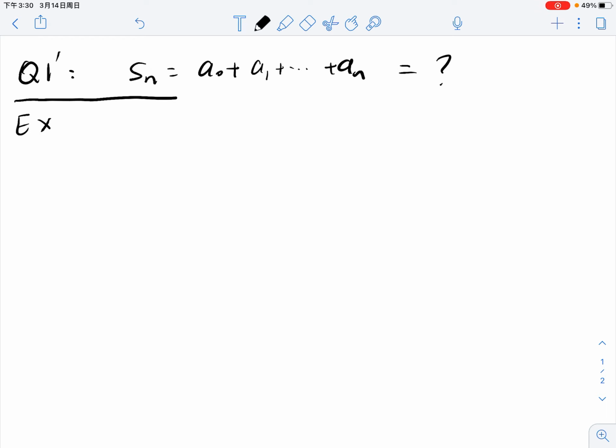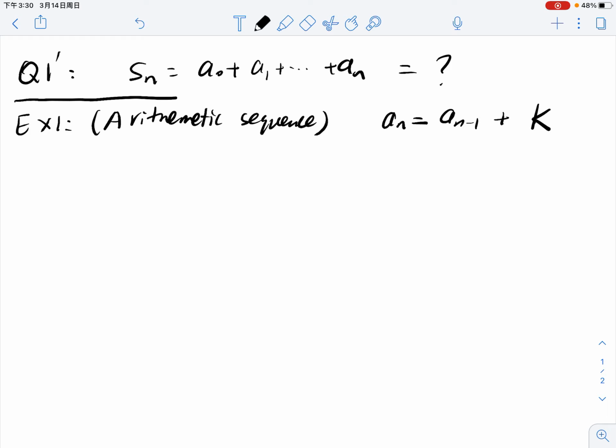The first example is the familiar arithmetic sequence. We can write it in the following form. An is An minus 1 plus k, where k is a constant.